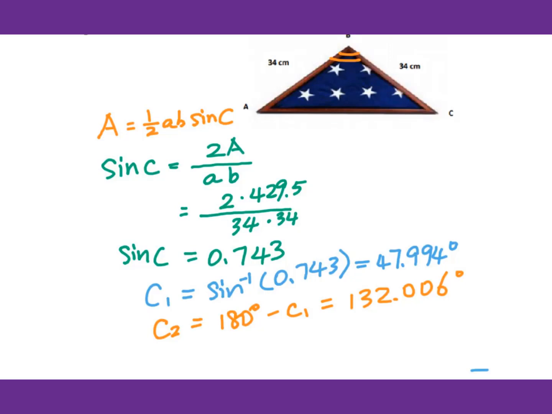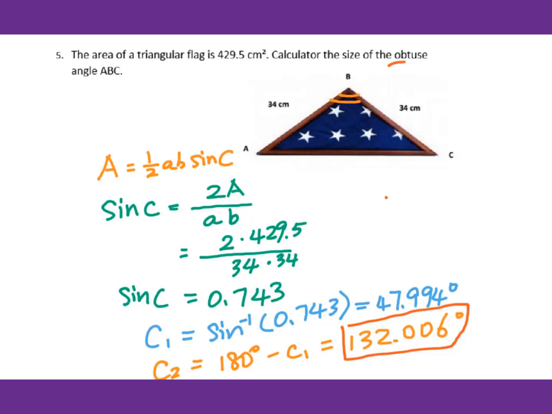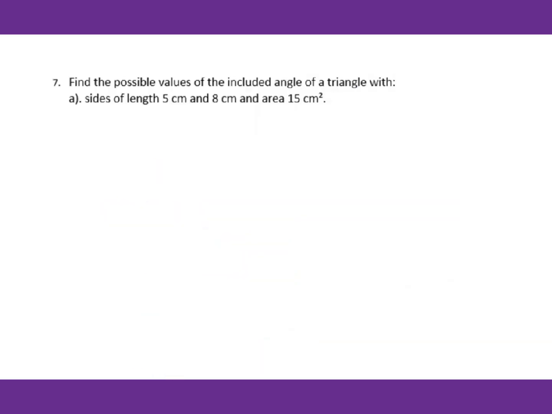That's the correct answer because we are looking for the obtuse angle. One more time. When you get sine of an angle equals positive, if the angle is an angle in a triangle, make sure there are 2 possible solutions.